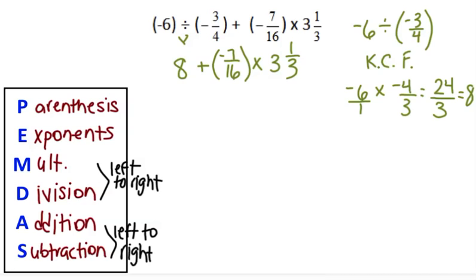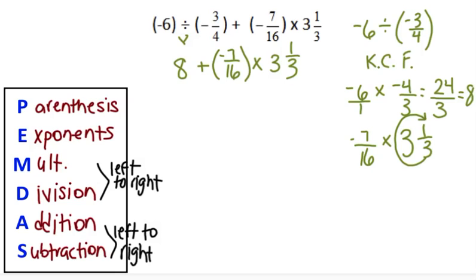Now I continue to look at my operations. I see I still have multiplication, so next I am going to complete the multiplication. -7/16 times 3 1/3. Sometimes it's easier to convert your mixed number into an improper fraction.